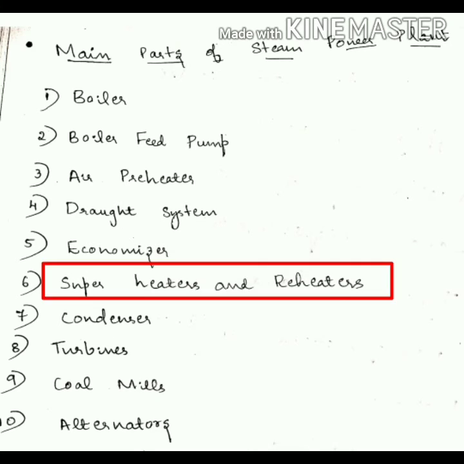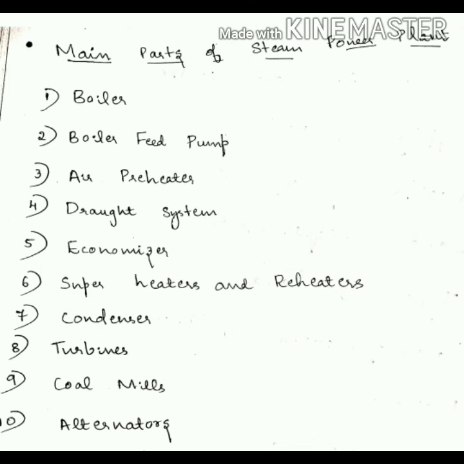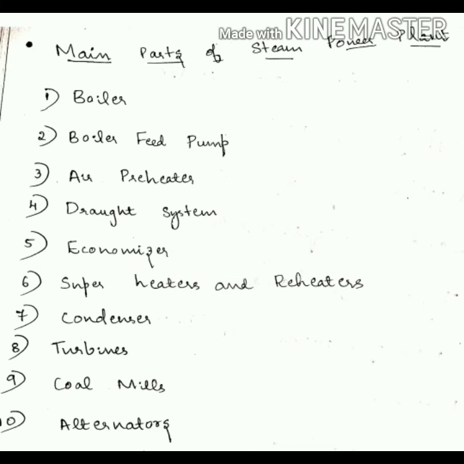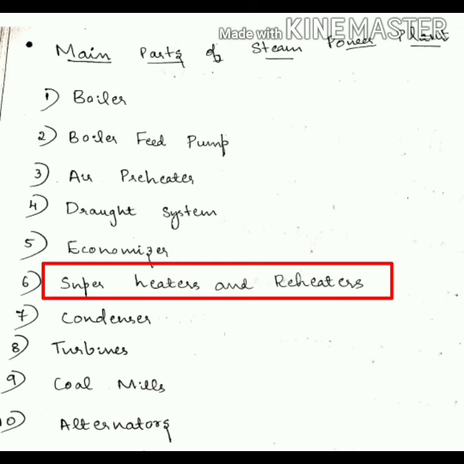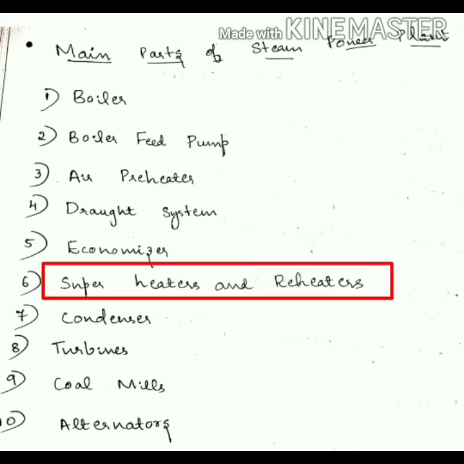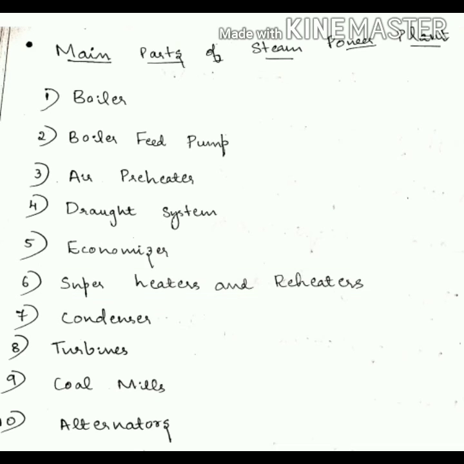And this superheater further adds on the heat and increases the temperature and pressure to a next level, okay, so that we can have a high temperature steam without any content of moisture. A perfect steam is produced, which is very much reliable for the production of the mechanical energy.